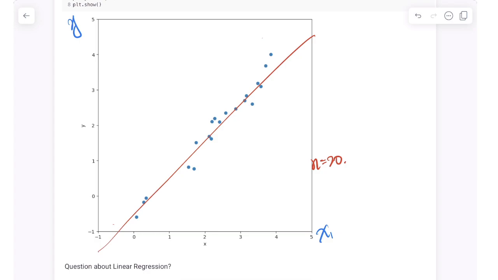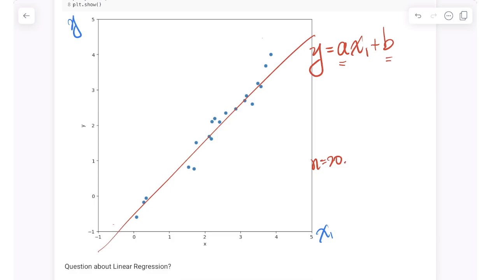As we know, the equation of a line in the plane is y equals a x1 plus b, and a and b here are the parameters of this line. a is the slope and b is the intercept, right?